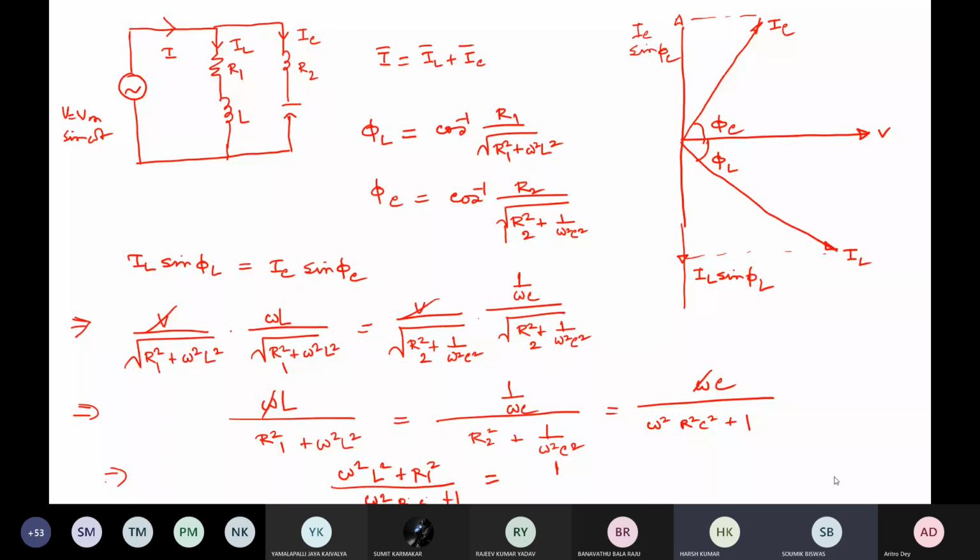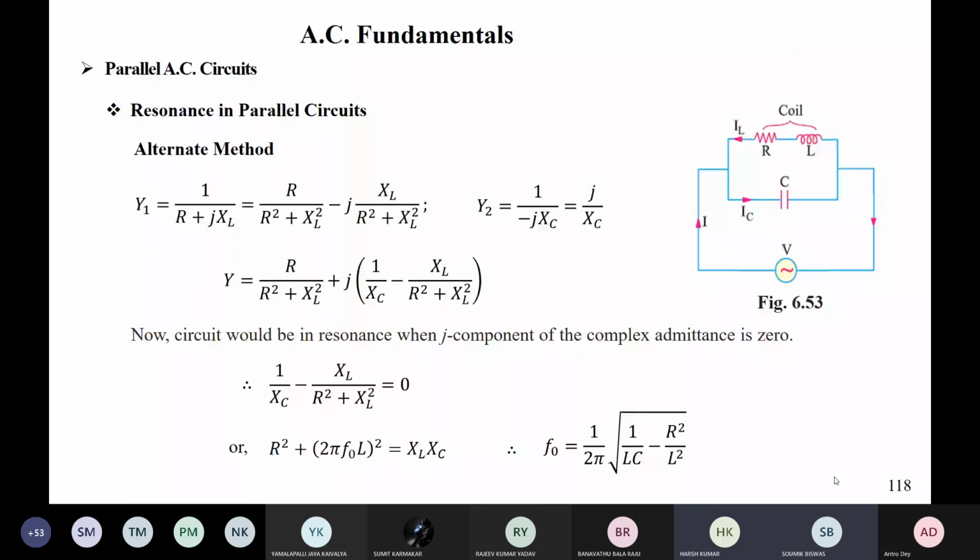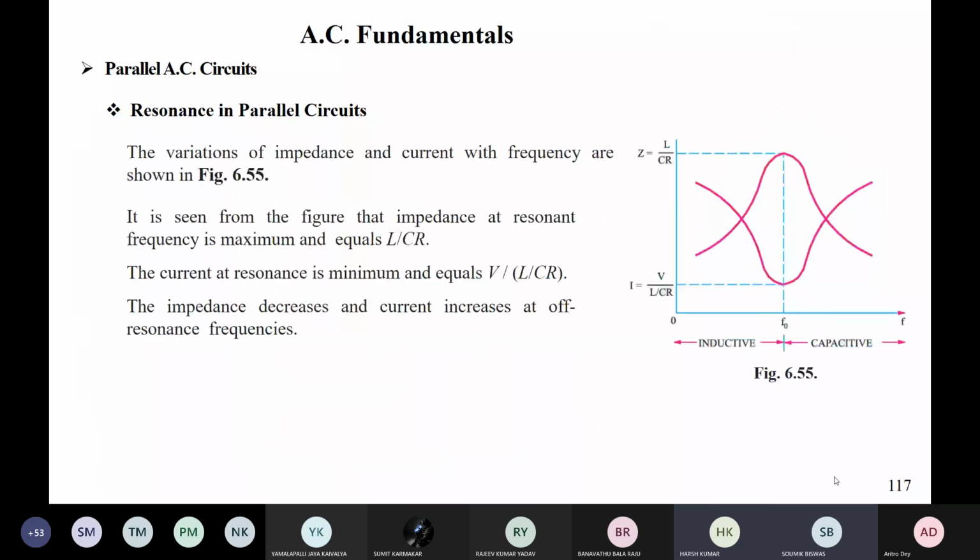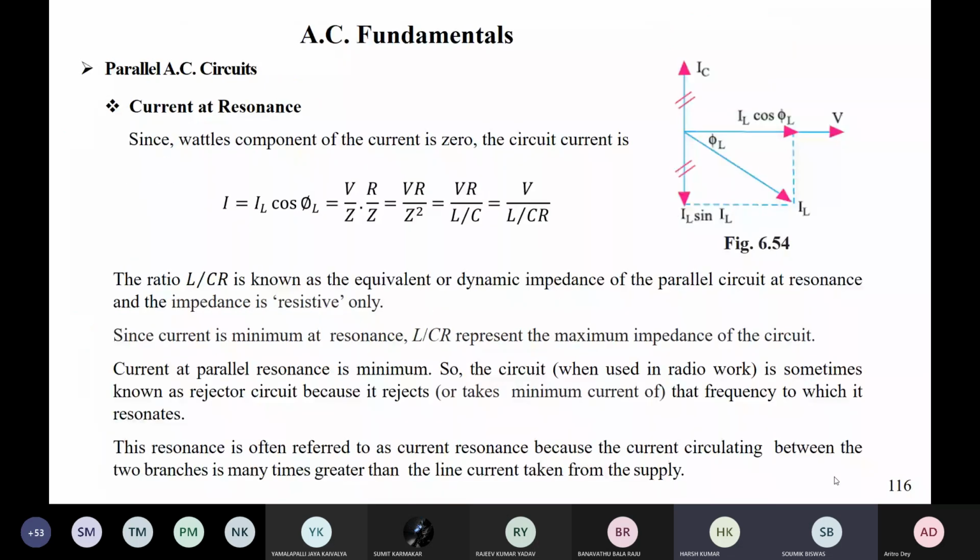Sir, in the final expression, you have written phi L as cos inverse R1 by root over of that value. But in previous discussions, we were writing it differently, like phi L as cos inverse of IL by IR, so that will be V by R1 divided by V by this one.